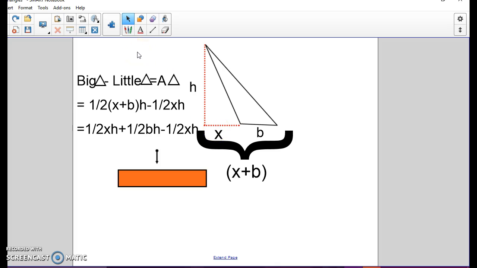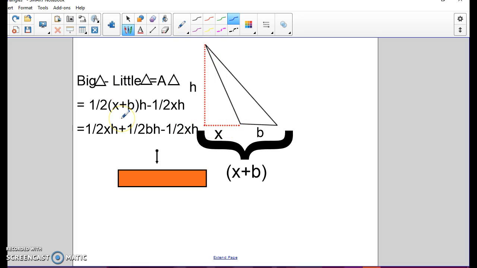Okay, so to figure it out, we're going to have to do what this big triangle minus this new little triangle that we made to determine the area of the triangle. And so we do 1/2 (x plus b) times h minus 1/2 xh, which would be this one.